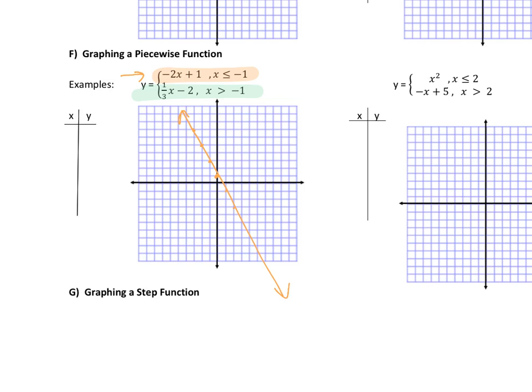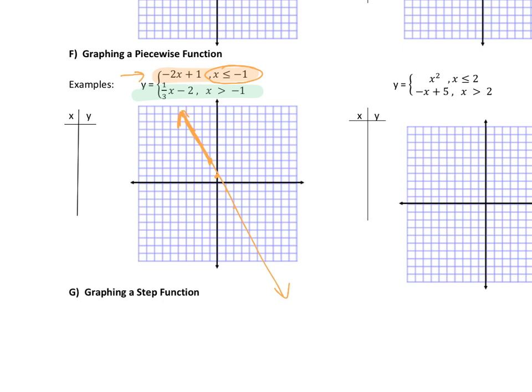But now we need to go back and actually do some erasing. So we need to look at what this constraint is telling us. It's saying that we want values where x is equal to negative 1 and lower than that. So really, I'm going to go back over and darken in that part.